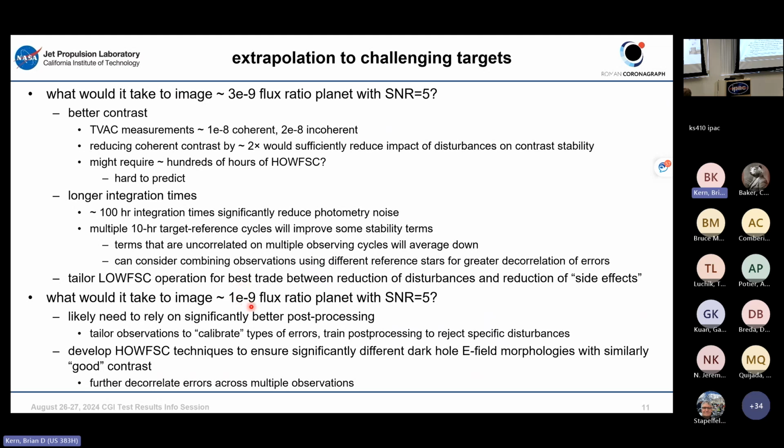If you want to get down to 1 times 10 to the minus 9, you're going to need to really work on post-processing. You're going to need to rely more heavily, perhaps, on tailored observations that specifically tickle some of these most problematic stability concerns, so that you can identify them and make a library of what aren't planets, in order to leave you with a better understanding of what aren't planets.